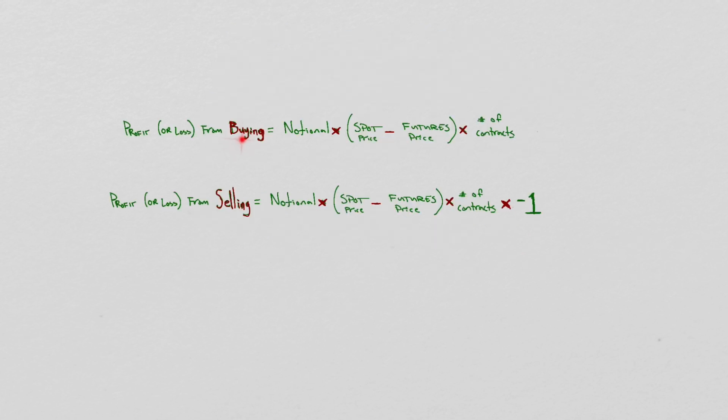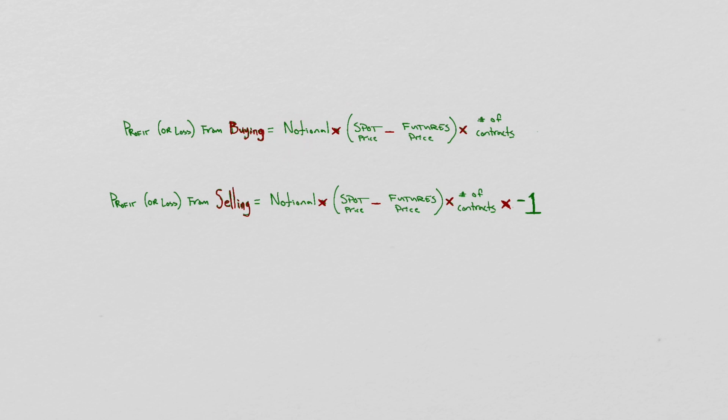And when it comes to buying a futures contract, the profit or loss we're going to receive from it is basically the difference between what the spot price ends up at and the price that we originally paid, the futures price, and then multiplied by the number of contracts we bought and that notional that we were just looking at.